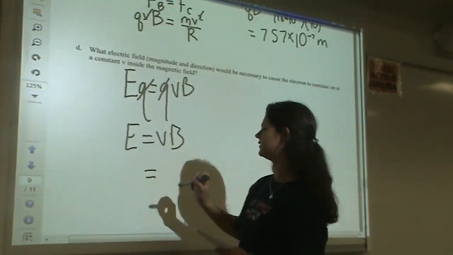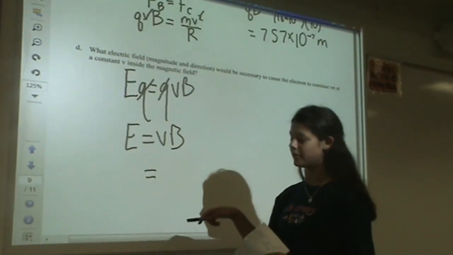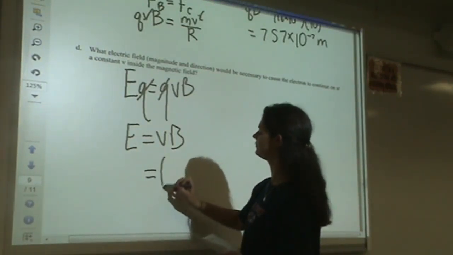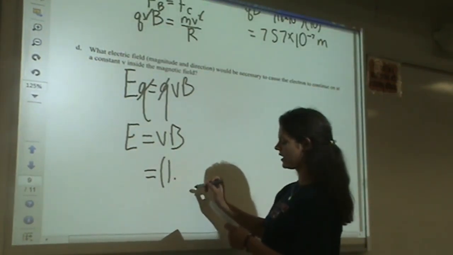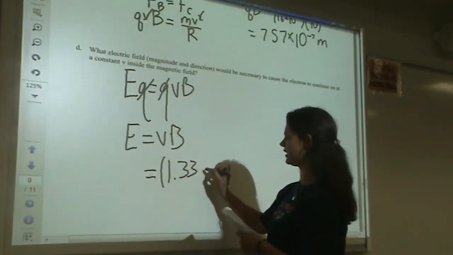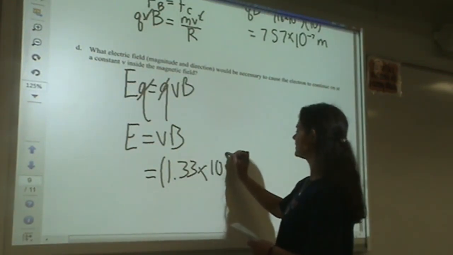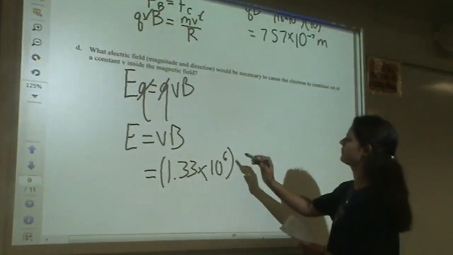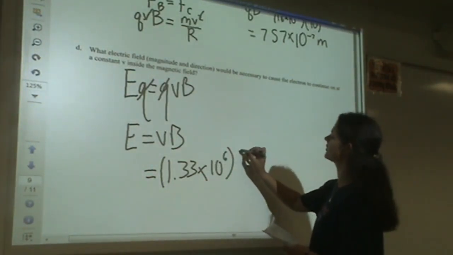And now we just plug in using numbers from earlier on in the problem. Our v is what we found in part A, which is 1.33 times 10 to the 6th. And then our magnetic field is 10 Tesla, like in the problem.